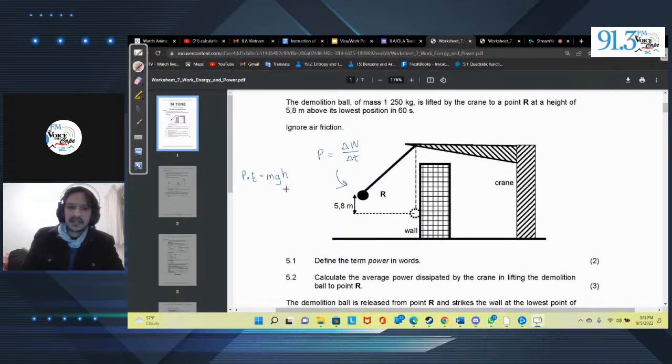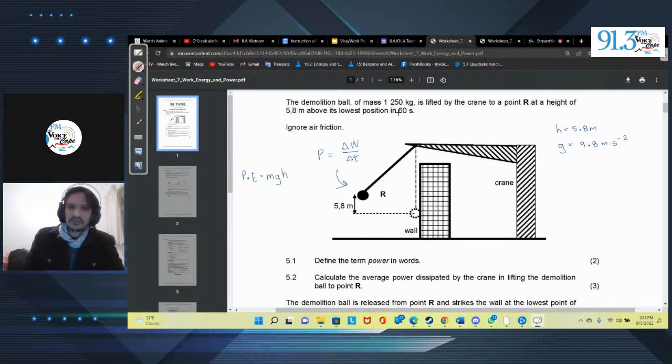So let's try to pick up the clues with regards to the information that we have. Well, we have our height, and that's 5.8 meters. That's clue one, right? So we can tick height off. We know our gravitational constant is 9.8 meters per second squared.